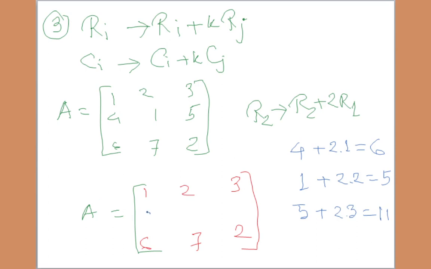So the new row will be 6, 5, 11. These are the 3 properties, total 6: 3 for rows and 3 for columns. These are the 3 elementary row operation properties.